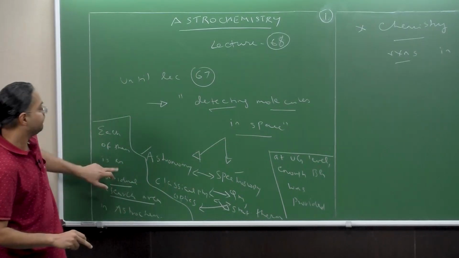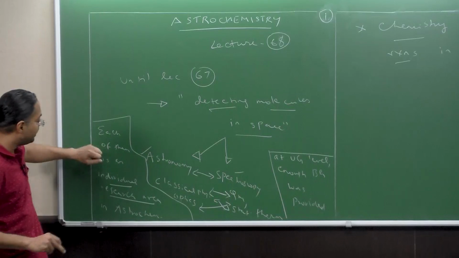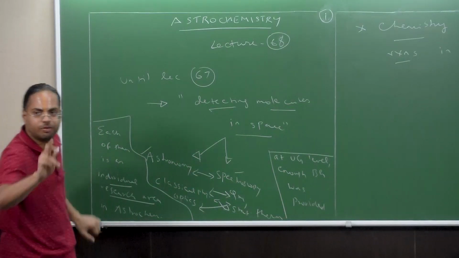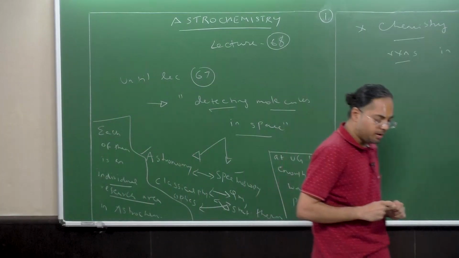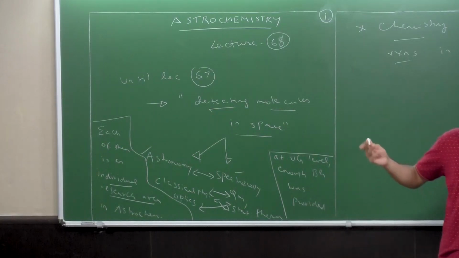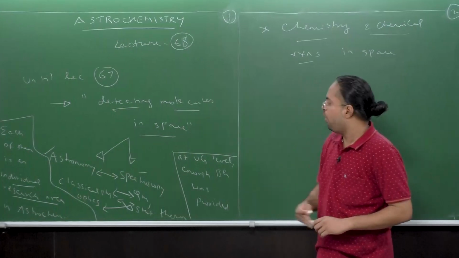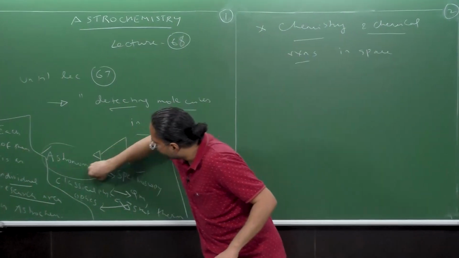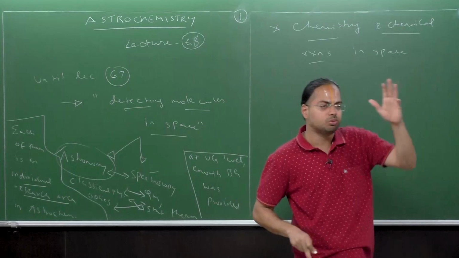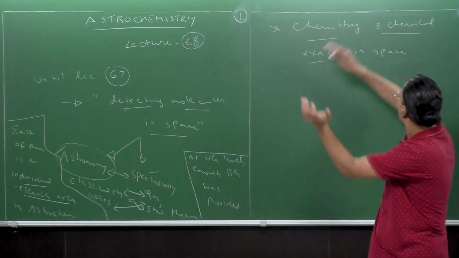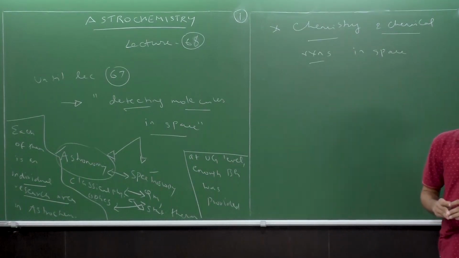Please note this point. That is why we couldn't go in depth in any of these aspects, although a few more aspects of astronomy will be discussed in one or two tutorials at most. Now we move on to chemistry and chemical reactions in space.